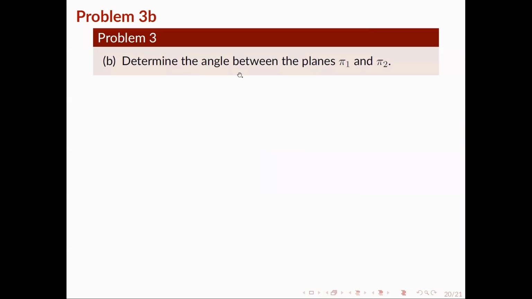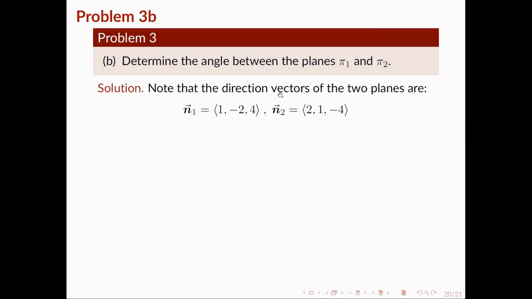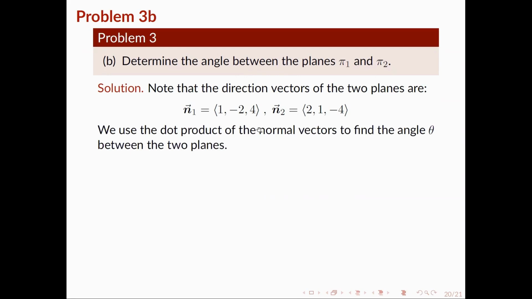Now, to determine the angle between the planes pi sub 1 and pi sub 2, we note that the normal vectors of the two planes are 1, negative 2, 4, and 2, 1, negative 4. We use the dot product of the normal vectors to find the angle theta between the two planes.